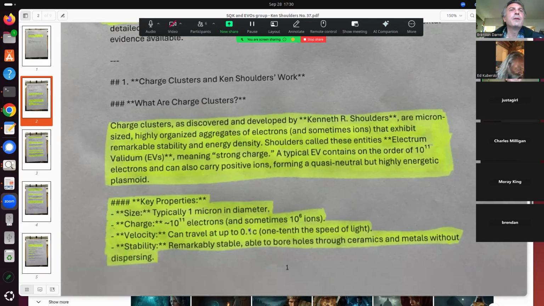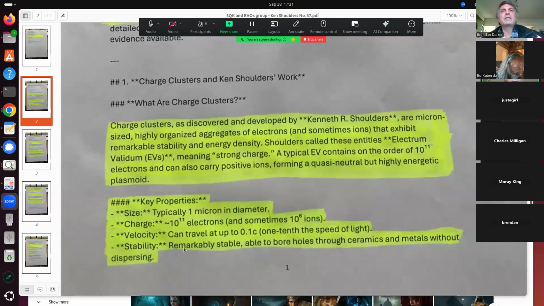Key properties: size, typically 1 micron in diameter; charge, approximately 10 to the 11 electrons and sometimes 10 to the 6 ions; velocity, can travel up to 0.1 of the speed of light, i.e. 1/10 of the speed of light.